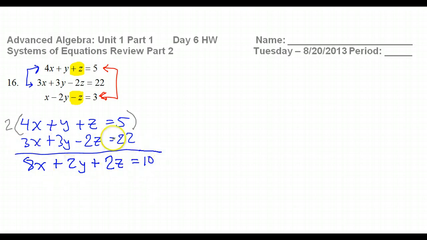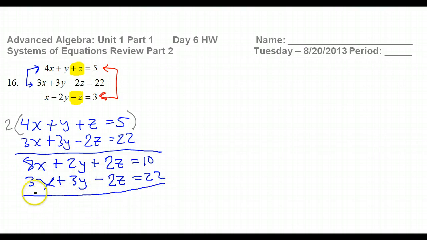Okay, I'm just going to recopy the bottom equation. So I've got 3x plus 3y minus 2z is equal to 22. When I combine these like terms, this is going to give me 11x plus 5y, these are gone, is equal to 32.